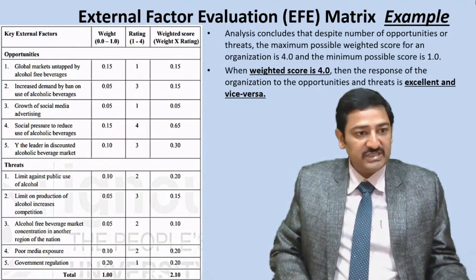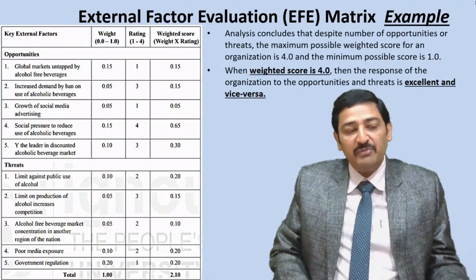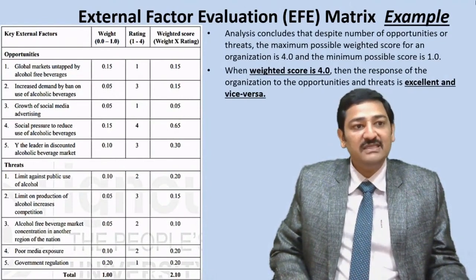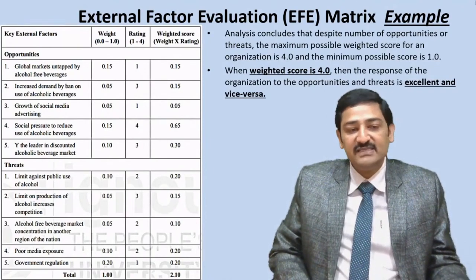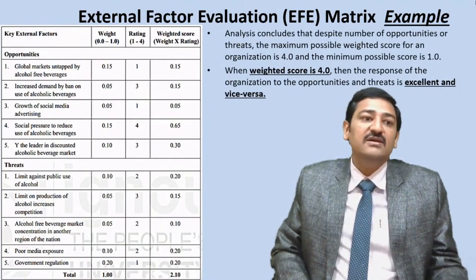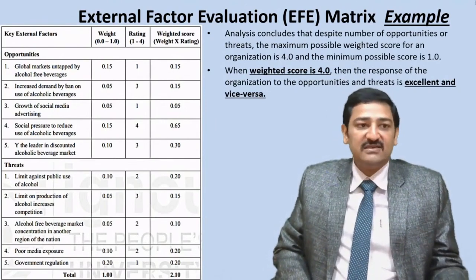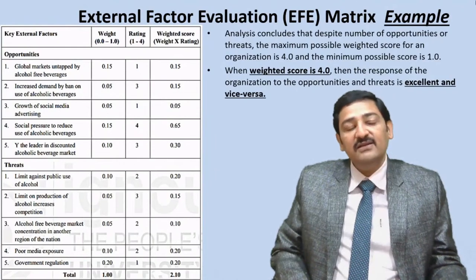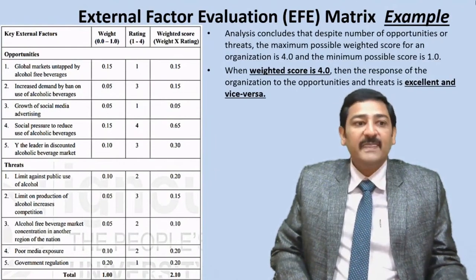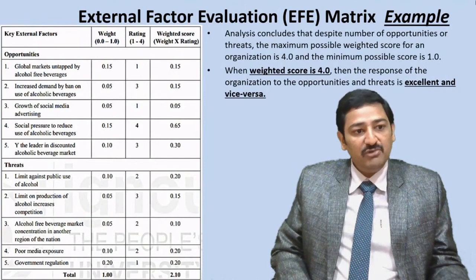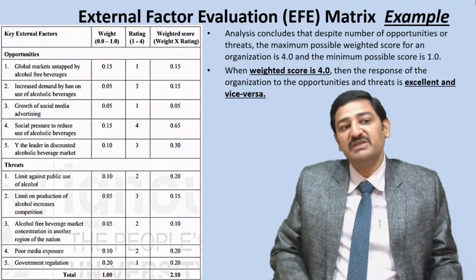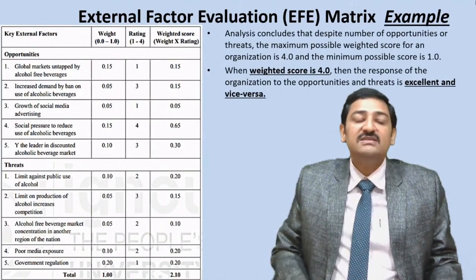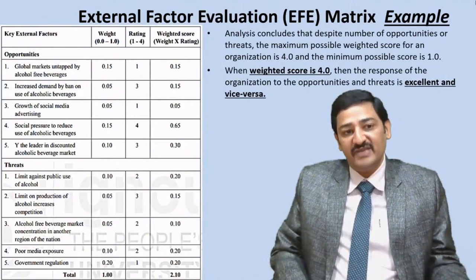As an example, you can see in this visual that a firm is identified with some set of opportunities. Around five opportunities have been earmarked in terms of the key external factors, and at the same time, five major threats have also been identified in this case, where the weight for each of these key external factors has been assigned between 0 and 1. Say, in the case of opportunity, the third key external factor, that is growth of social media advertising, has been given 0.05 as a weight.